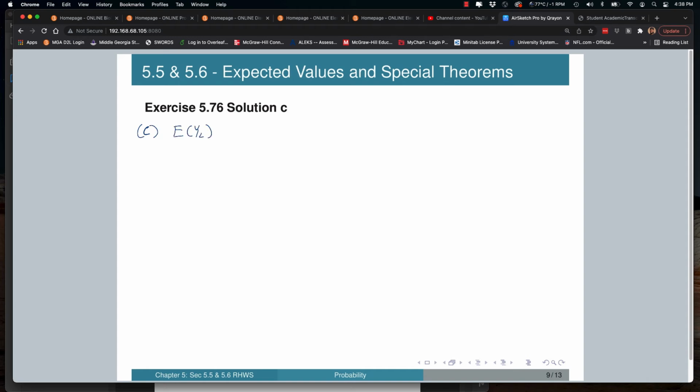Expected value of y sub 2 is the integral 0 to 1, 0 to 1. I'll go through this fast.